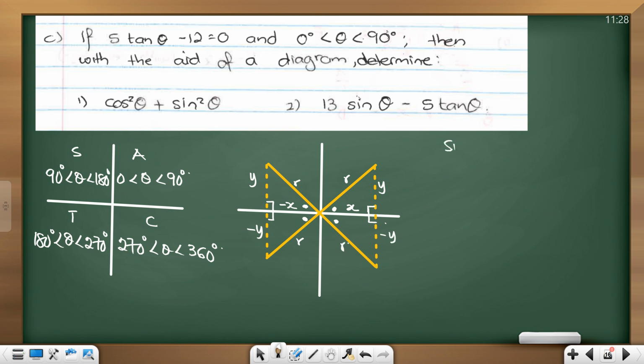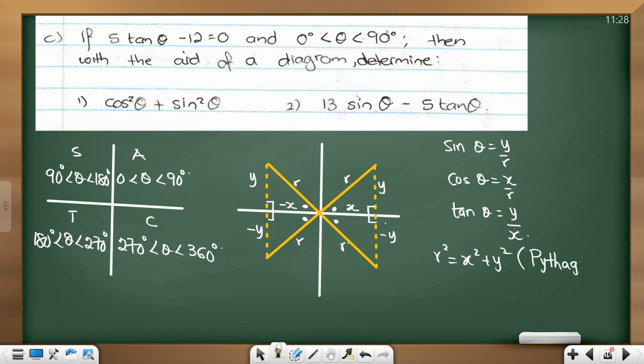And these are the things you need to know. Sine theta is Y over R. Cos theta is X over R. Tan theta is Y over X. R squared equals X squared plus Y squared. What is this theorem called?